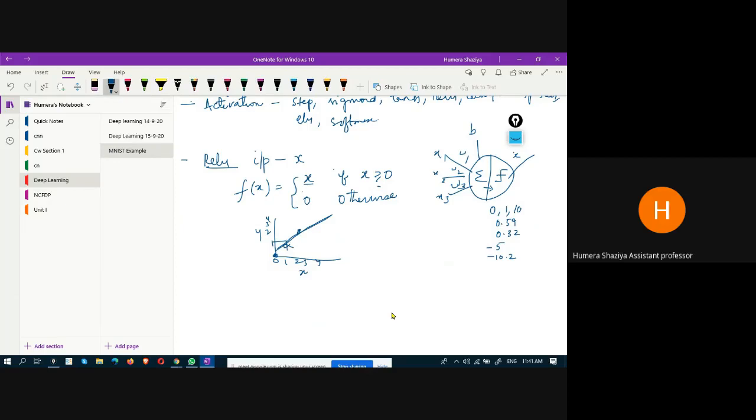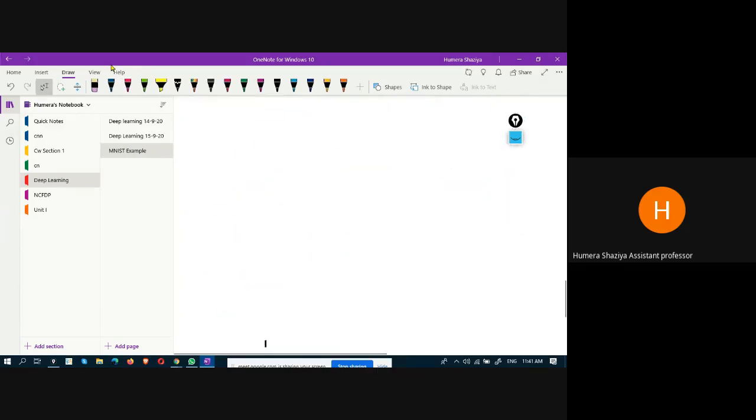And then, evaluation metrics. We studied about evaluation metrics, accuracy and loss. What is accuracy? Accuracy is the correctly classified samples: how many data items have been correctly classified out of total data items?